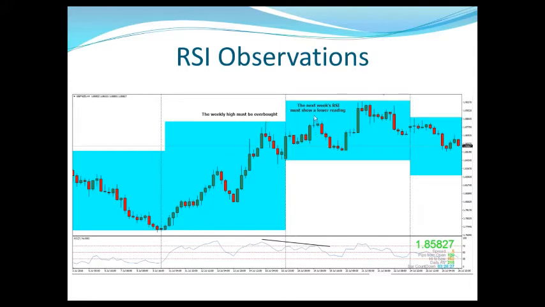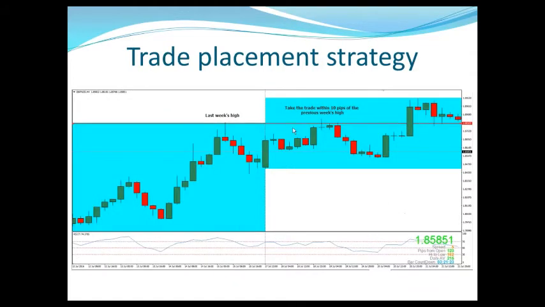You could see it comes back and tests this level, and it needs to make some sort of a rejection bar here. Then you can sell it off the next bar. Stop loss, divide the daily average by 3, and then target the low of this, but draw a 45-degree line to make sure that if it breaks, you take the money and run.